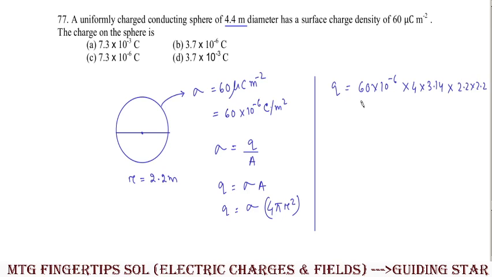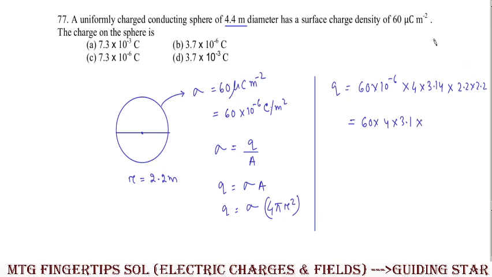Let's do the calculation approximately. 60 into 4 into 3.1, into 2.2 into 2.2.